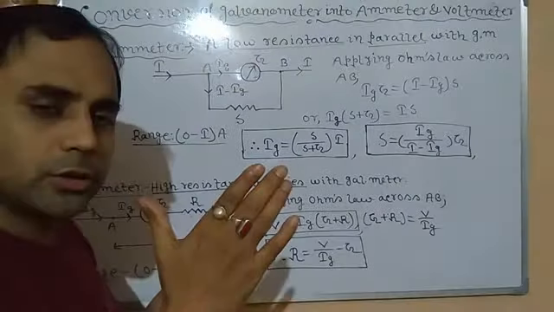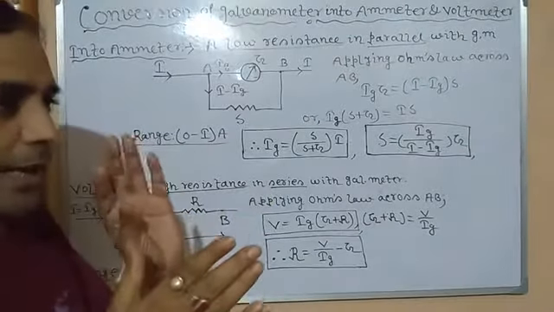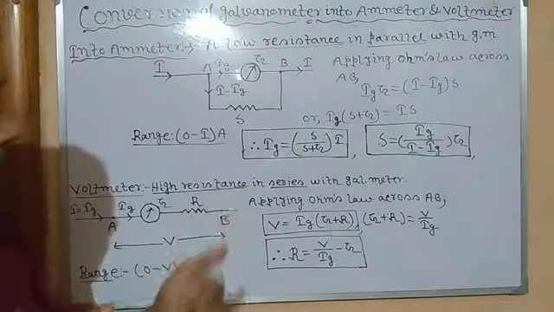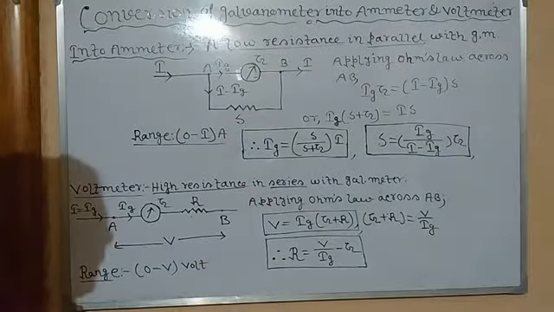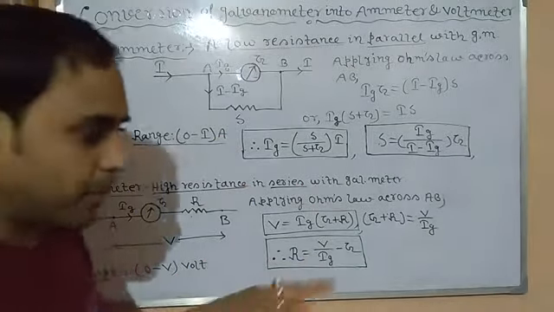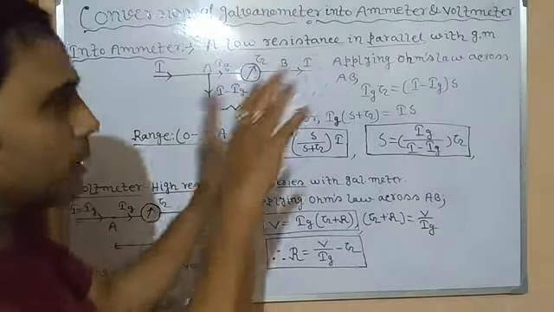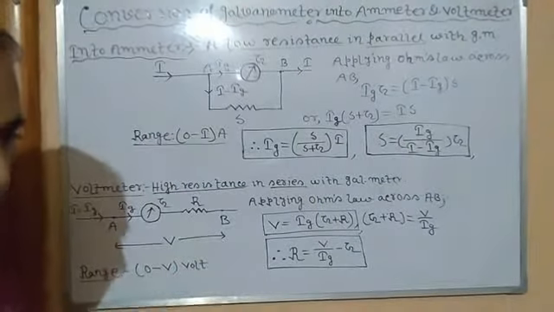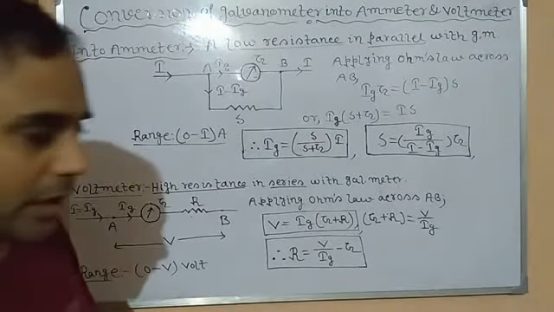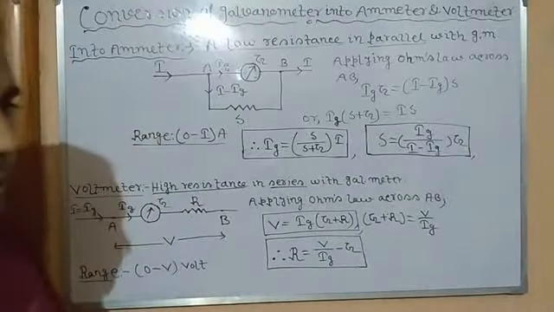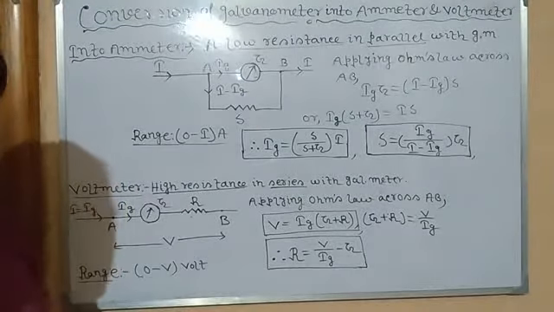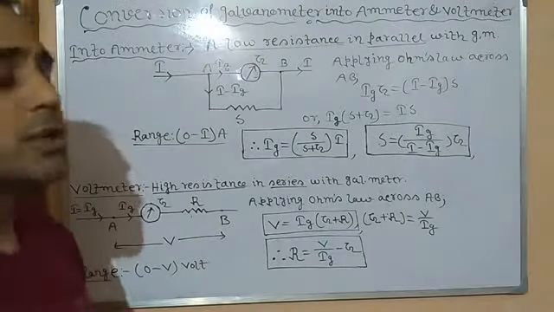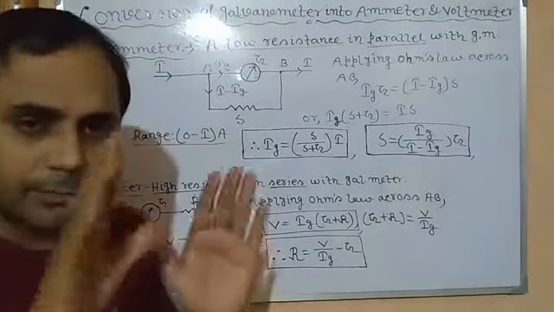When current flows through that wire, that coil experiences some torque, and because of the torque, the pivoted pointer, which is connected with the coil, moves, and through the deflection of the needle, all works. Through the deflection of the needle, we can measure the current using the ammeter. Through the deflection of the needle in the voltmeter, we can measure the voltage, and through the deflection of the needle in the galvanometer, we can detect the presence of current. So all works on the deflection of the needle.